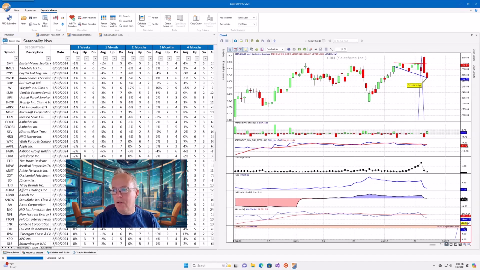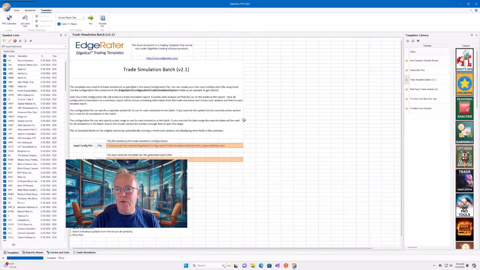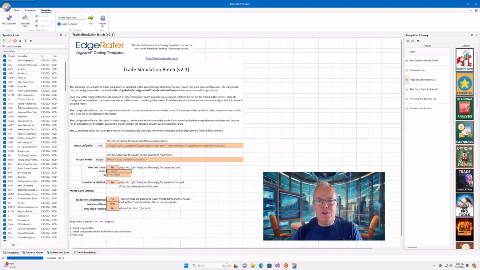Okay, all right. So I will move on to this idea of what happens if you run this simulation batch on the entire list of stocks. These days I just run everything on the list of stocks that have liquid options.